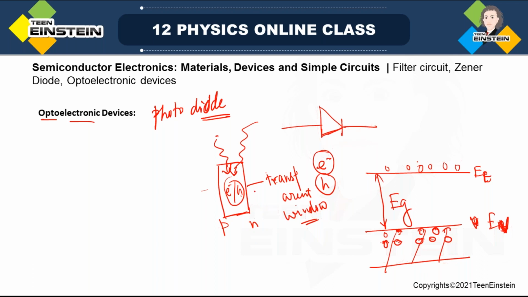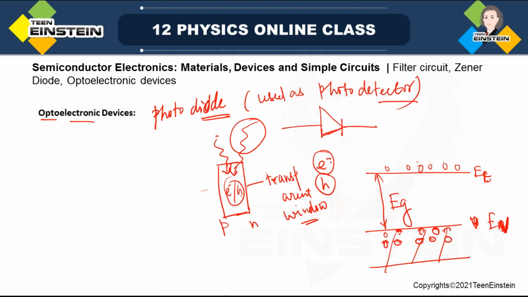This is how you can detect an optical signal with the photodiode. So it is used as a photo detector.